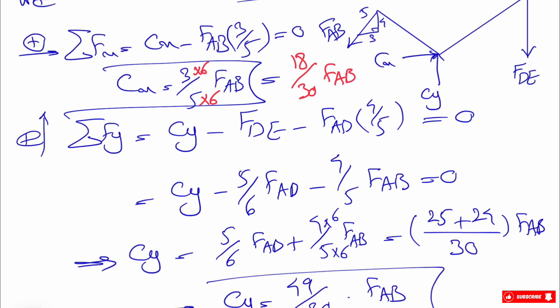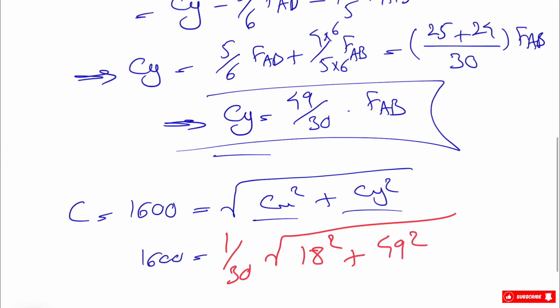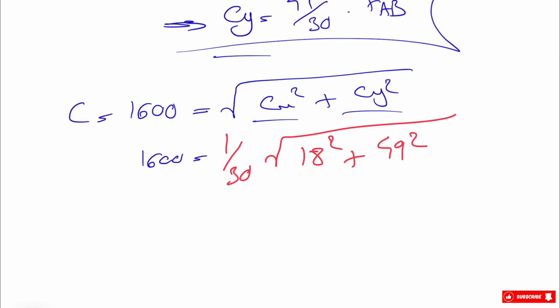We can take 1 divided by 30 out of the square root, and we will have 18 squared plus 49 squared, times FAB squared.